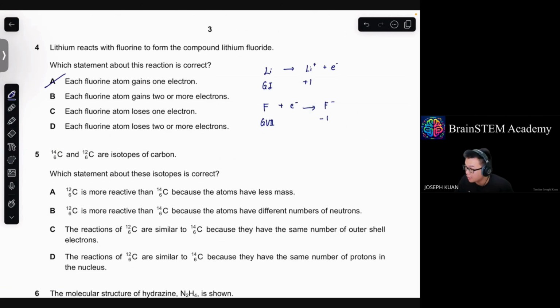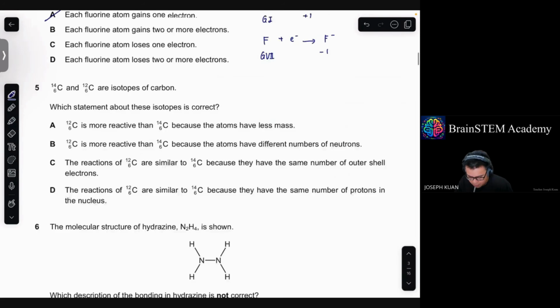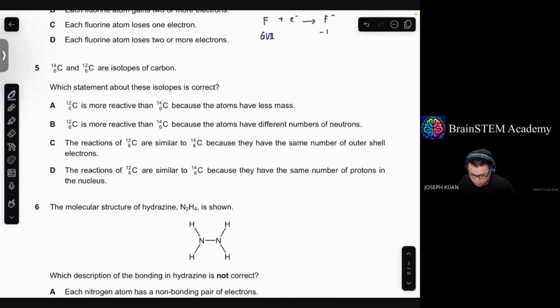Each fluorine atom gains 1 electron. Moving on to number 5, carbon 14 and also carbon 12 are isotopes of carbon. Which statement about these isotopes is correct? Let's look at option A. Carbon 12 is more reactive than carbon 14 because the atoms have less mass.